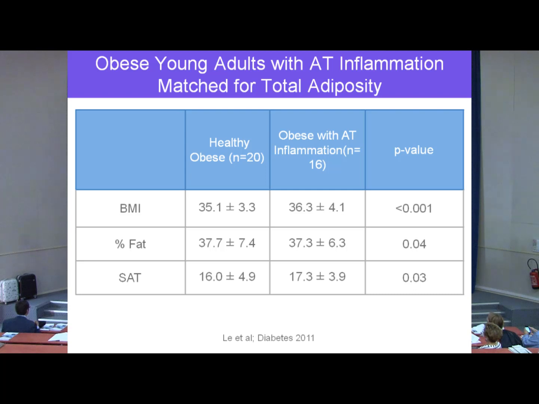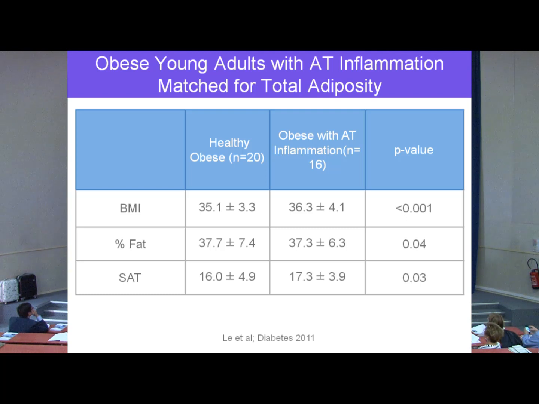You can see here two groups of young adults. It's hard to do these studies in children because we took a fat biopsy. These two groups are equally obese. BMIs are above 35 on average, with high percent body fat and high amounts of subcutaneous abdominal fat.